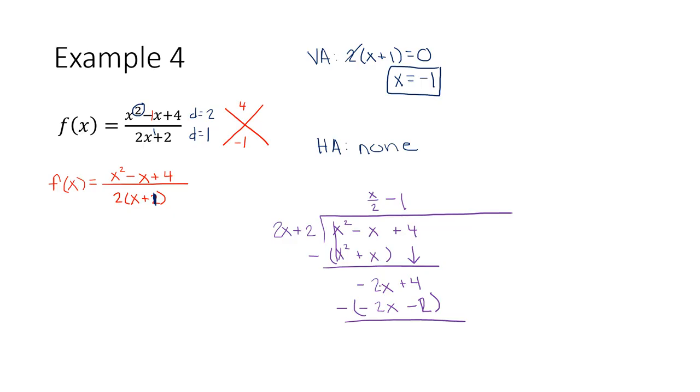Negative 2x minus negative 2x cancels. 4 minus negative 2 is 6. 6 doesn't have an x. This is our remainder. When I'm looking for my oblique asymptote, I don't need to worry about the remainder. So my oblique asymptote happens here at x over 2 minus 1.